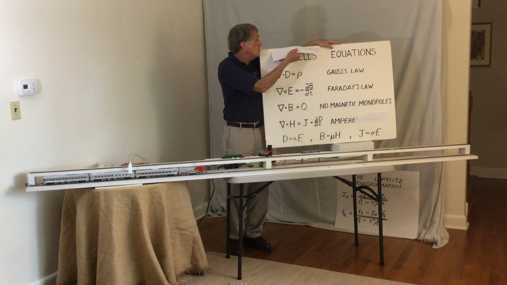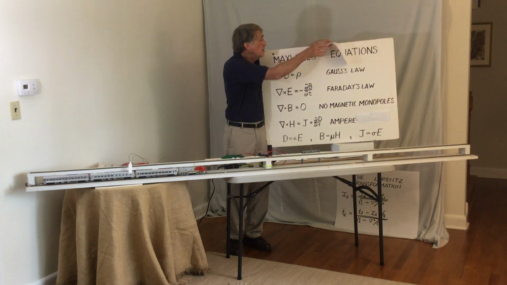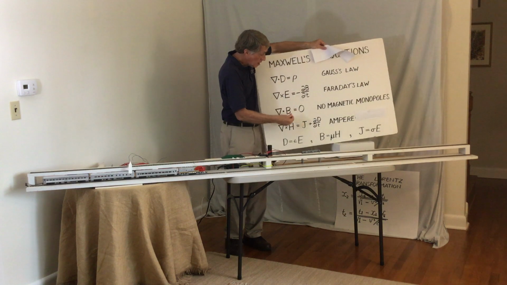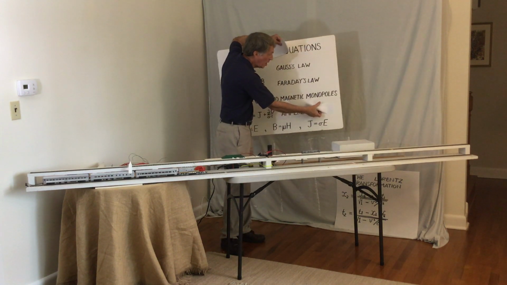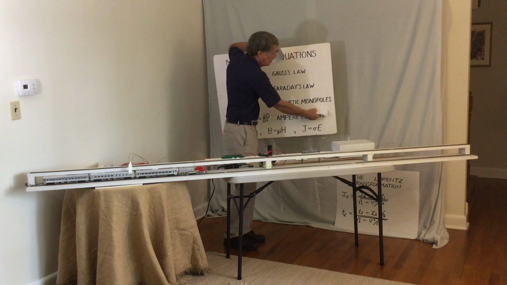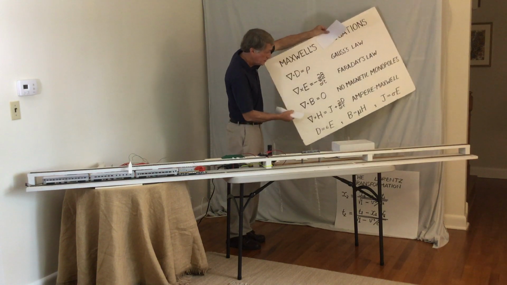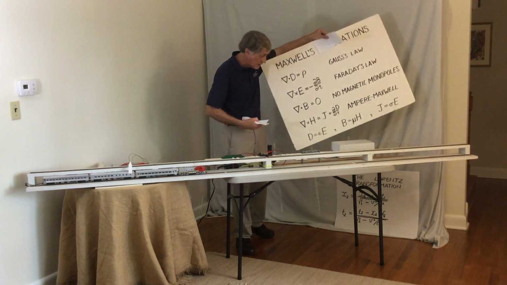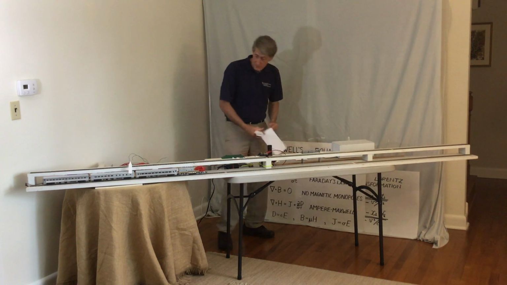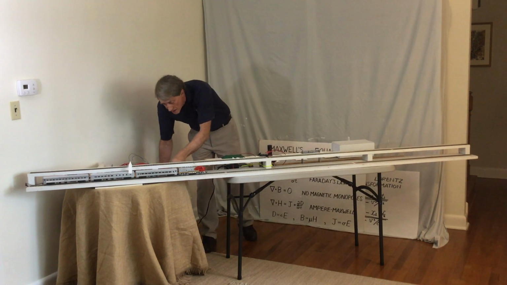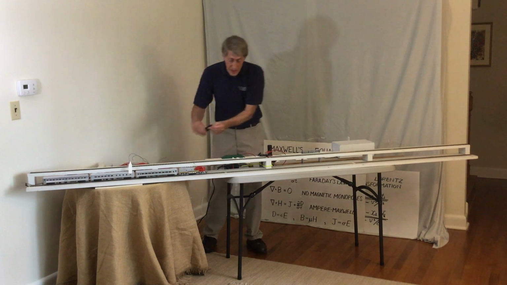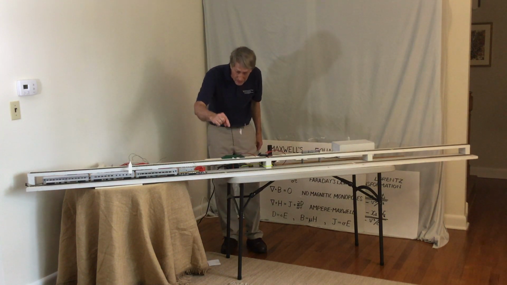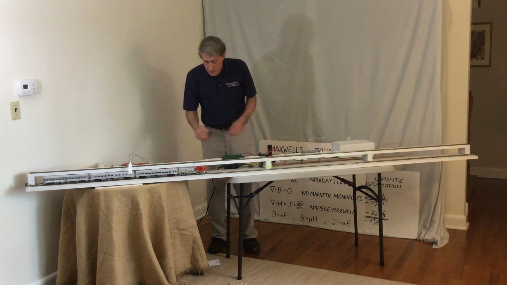So these equations then are called Maxwell's equations. And this last term is an addition called the Ampere-Maxwell law. And so what we have are different phenomena. For instance, we have combing a hair and then picking up some bits of tissue. We also like to play with magnets.